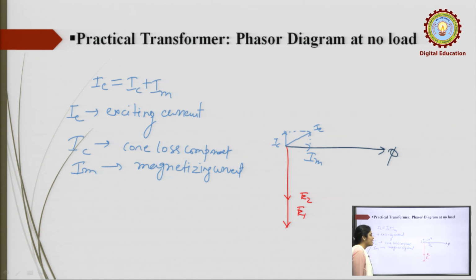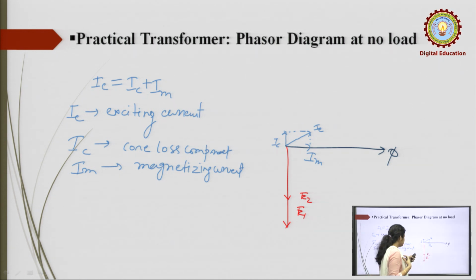Okay. Now, the transformer is at no load, that means I2 is 0. So, in the primary side only this exciting current will flow, to supply the magnetizing current and the core loss component. So, the supply draws the exciting current. Okay.